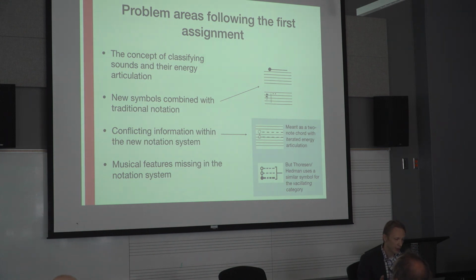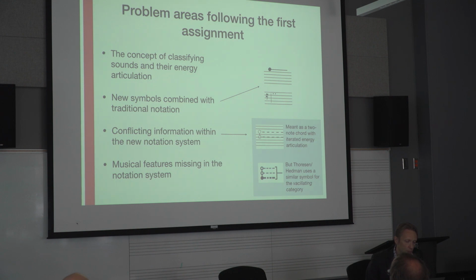Even in former runs of this course, it takes time for students to grasp the concepts of distonic sounds and harmonic spectra and what is this and what is that. So it's hard to assess if that has to do with this. It's probably something that will always take time if you encounter it for the first time. But anyway, that was one of the problems in terms of consistency and correctness in terms of notation.